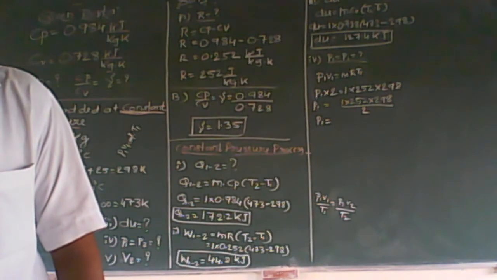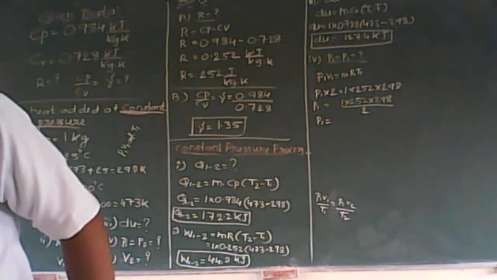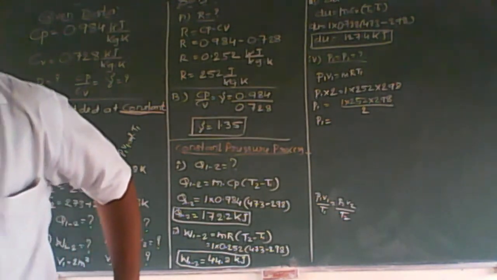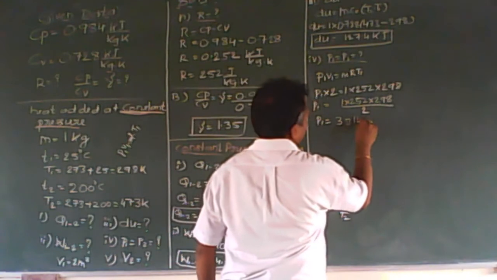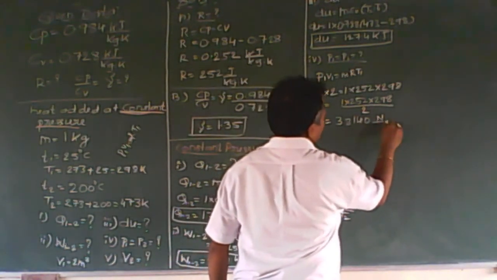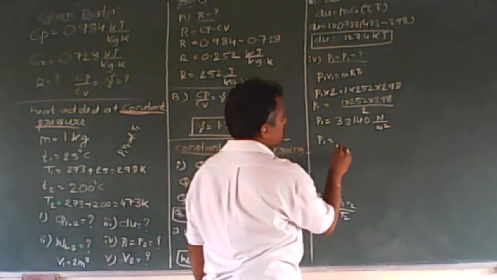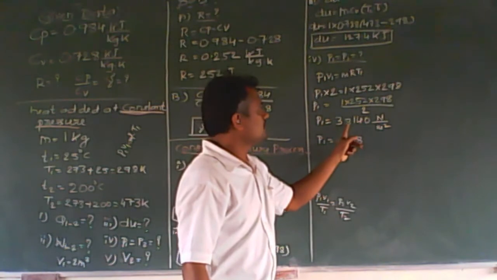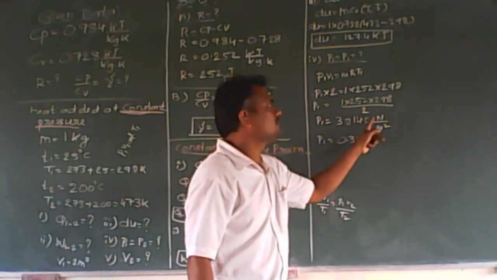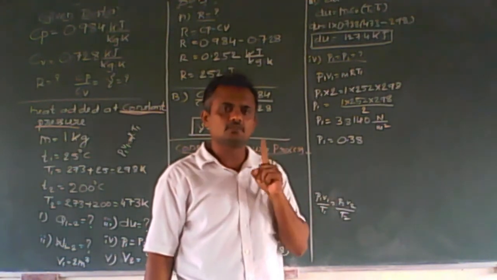What is the value of P1 here? P1 is 38,140. Unit is Newton per meter square. As you know that 10 raised to 5 Newton per meter square is 1 bar.